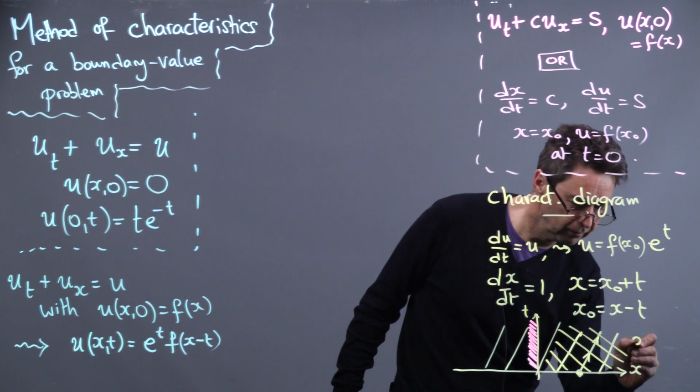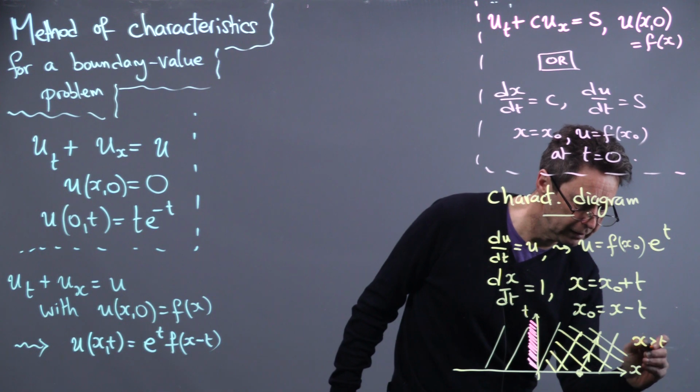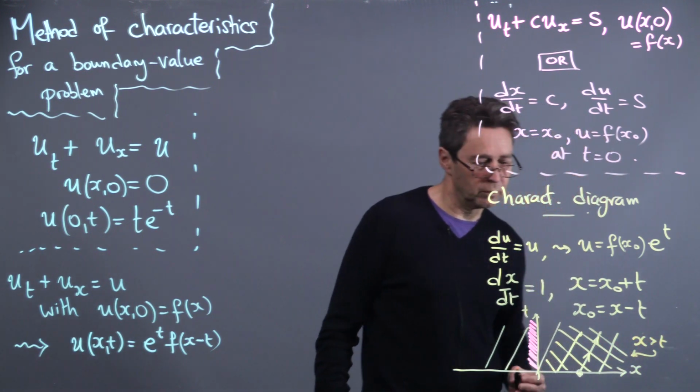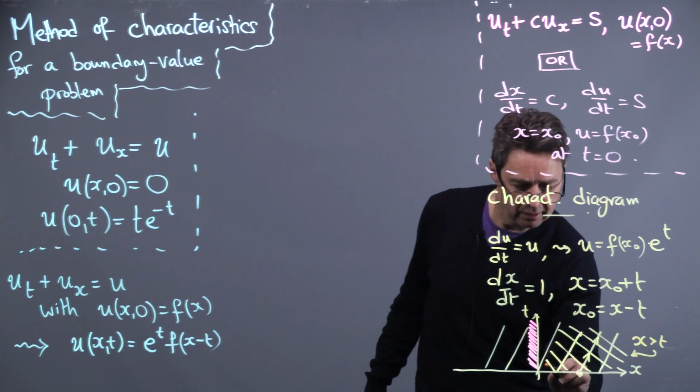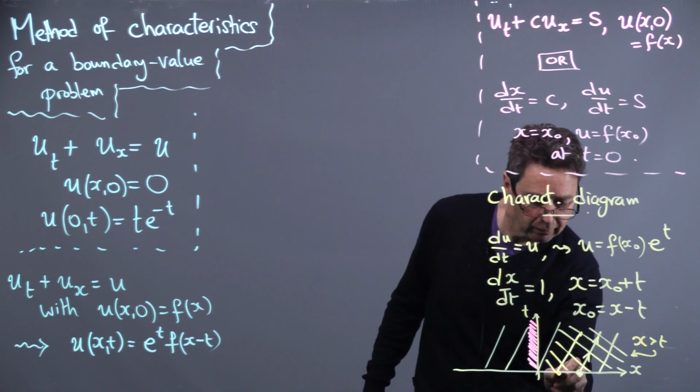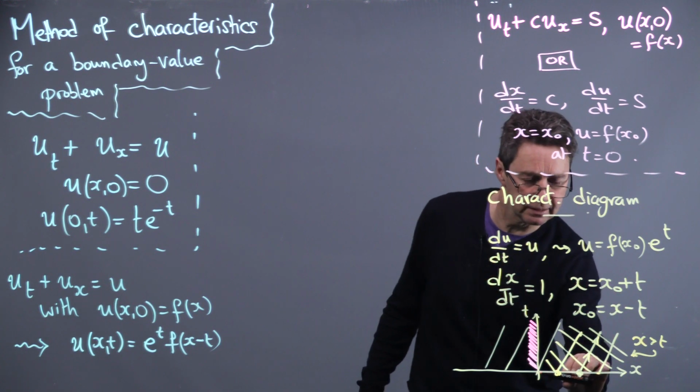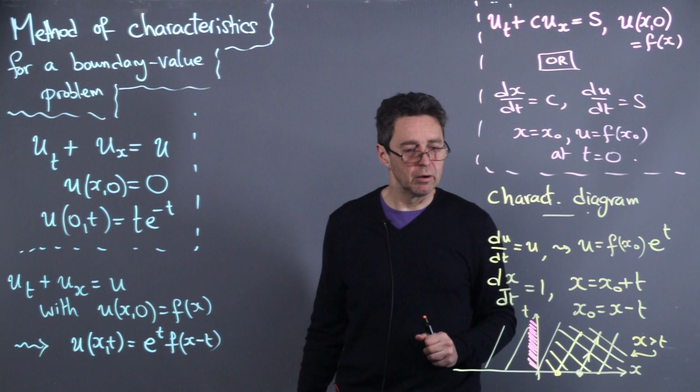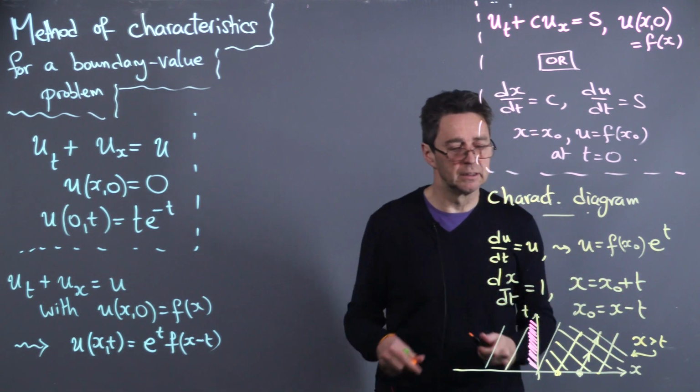That's clearly for x bigger than t. There's one family of characteristics that I can build by simply taking all of the points on the positive x-axis and moving up along these lines.